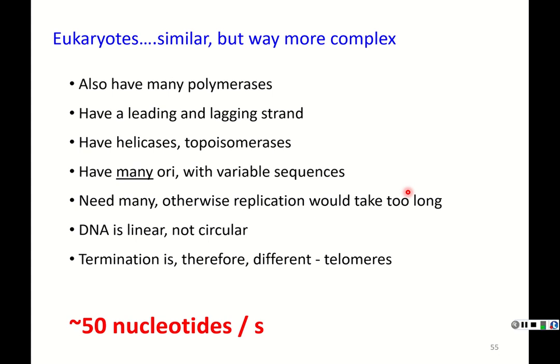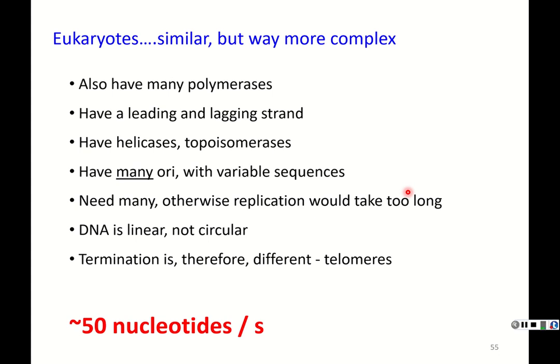The reason why they have so many is because their genomes are quite long, and the chromosomes are much, much longer than bacterial chromosomes. So if you only had one origin of replication on each chromosome, it would take too long to replicate them. So you need many origins of replication.